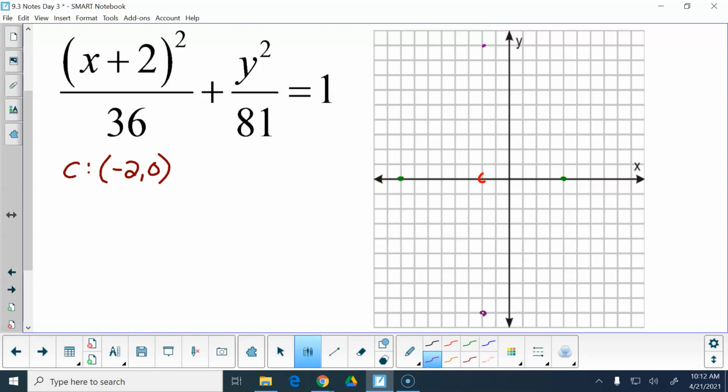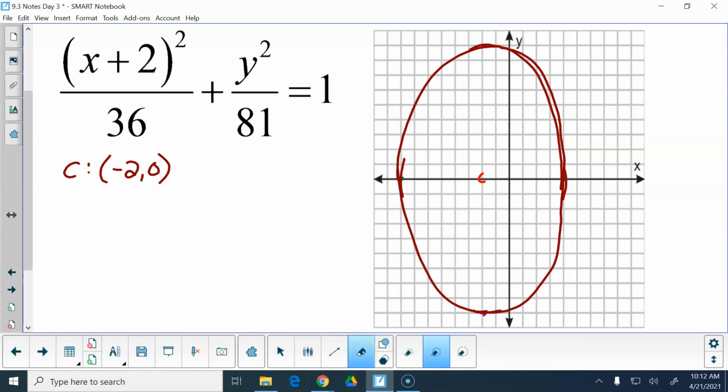That gives us the framework for our ellipse. Not my best ellipse. That's not even really that good. We'll call it good.